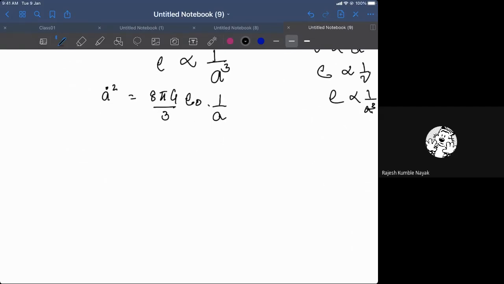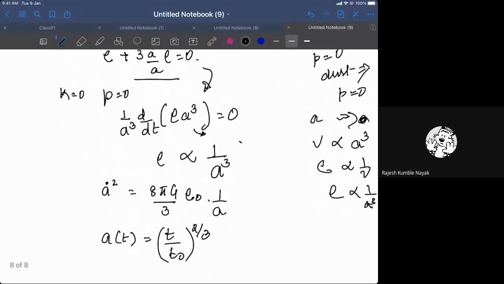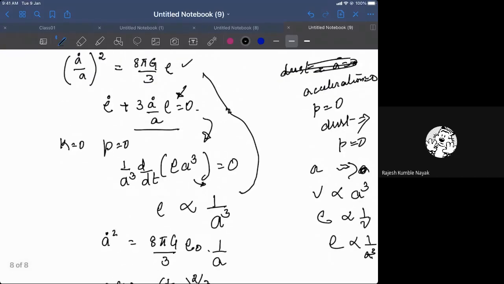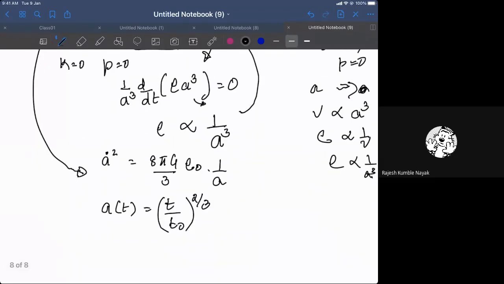So once you do that, you see that the solution a of t is equal to t by t naught to the power 2 by 3. Okay, so this is the case which we would get. Simply substitute this equation here, and then you can get this equation here, and then you can simply solve this.